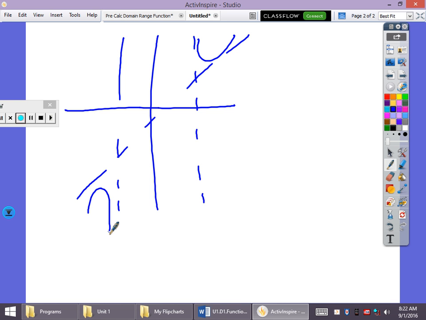Okay, so I would have done for the domain, I'm going to go ahead and do negative infinity up to negative 4, 1, 2, 3. For this one here, oh, sorry, I was doing the range again. You're right. Sorry, to negative 3.